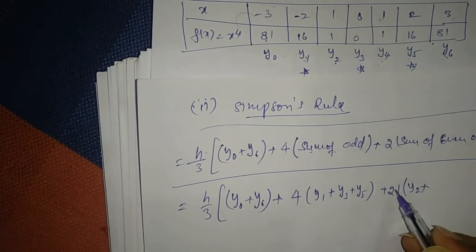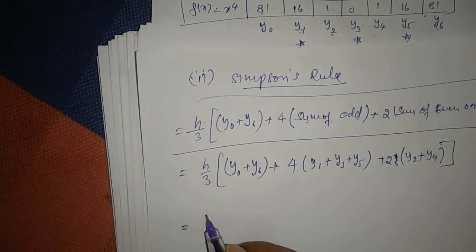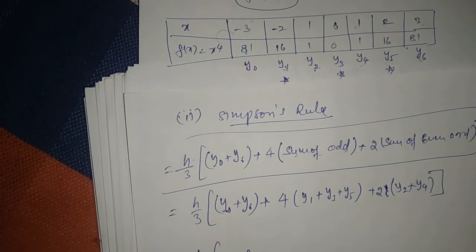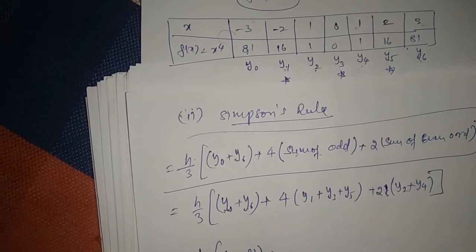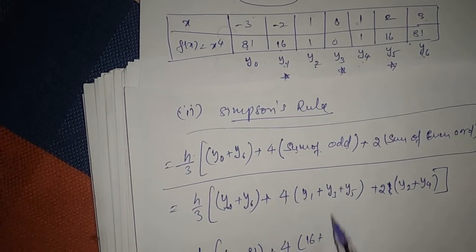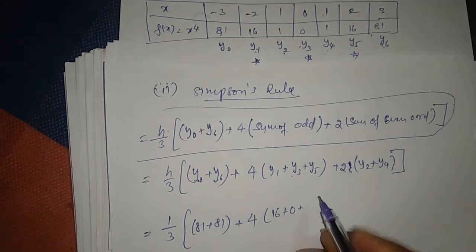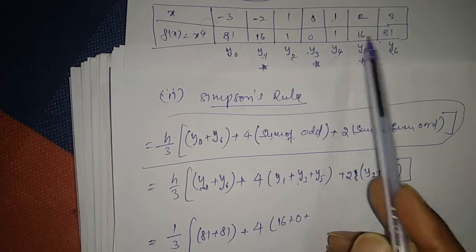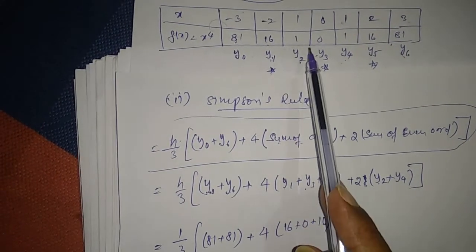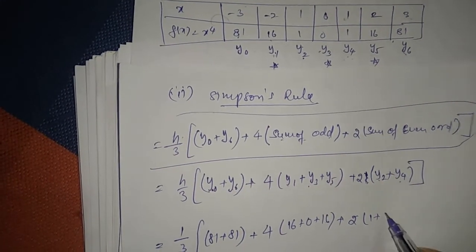So h value is 1 by 3 whole into y naught, value 81, plus y6, also 81, plus 4 into the odd ones, y1 value is 16 plus y3 value is 0 plus y5 value is 16, plus 2 into y2 value 1 plus y4 value also 1.